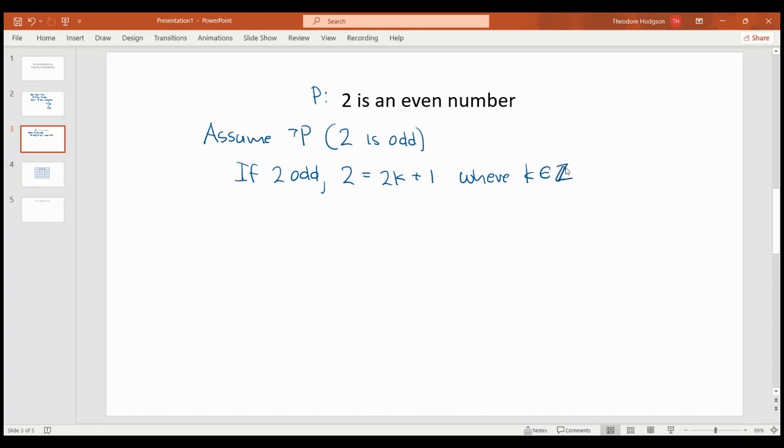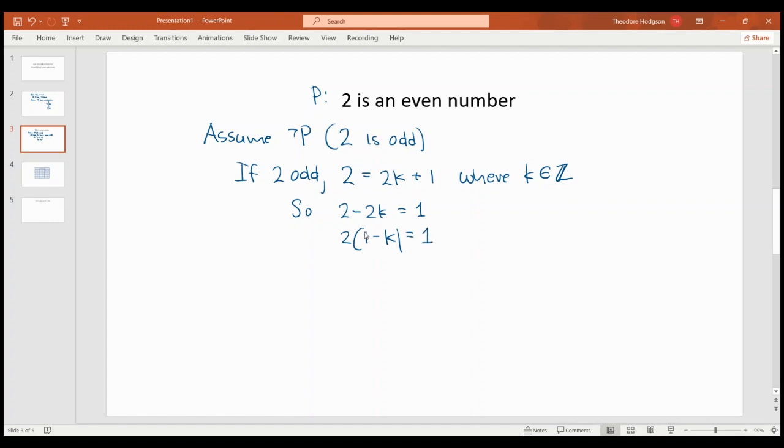All right, so if 2 equals 2k plus 1, let's play with this. Let's bring the 2k over to the other side, do a little algebra here. So we know that 2 minus 2k equals 1, which would say that 2 times (1 minus k) equals 1.